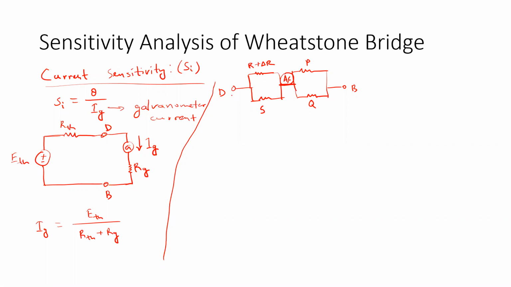Now our R Thevenin, which is actually equal to RBD in this case, we can easily find by taking the series parallel combination of the resistances.